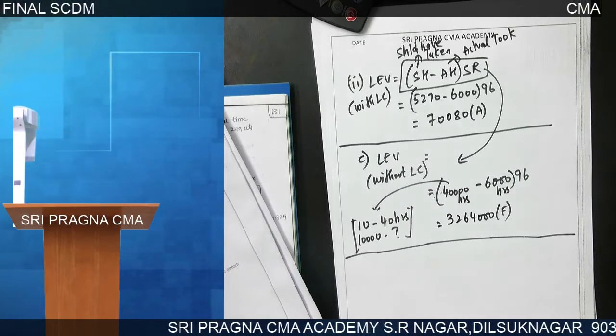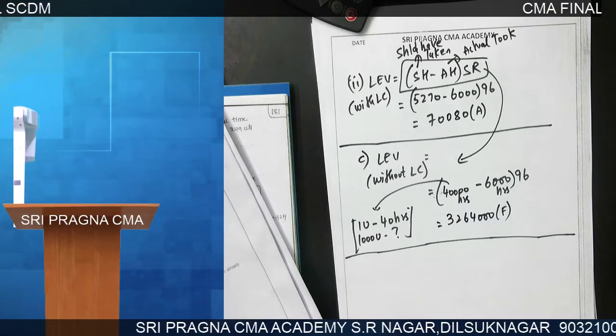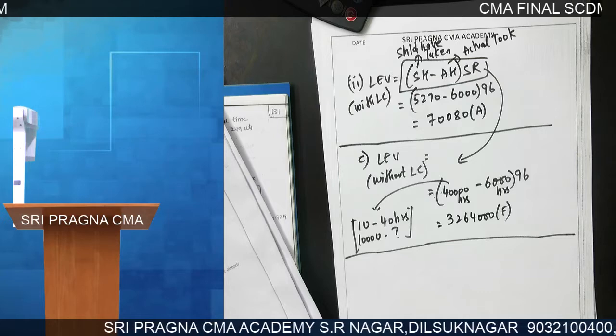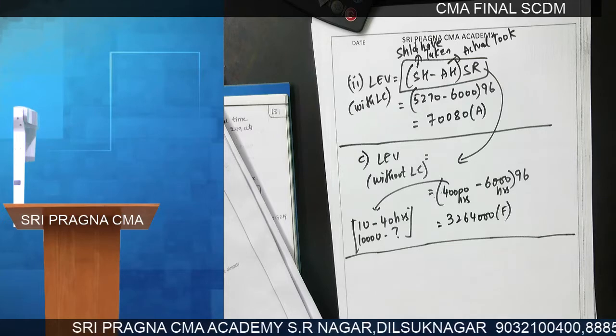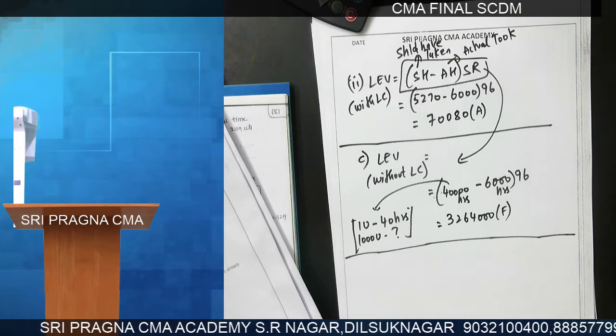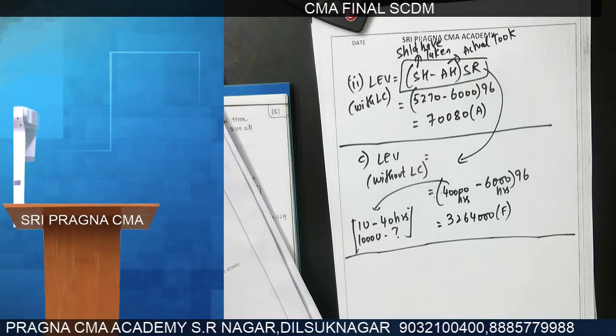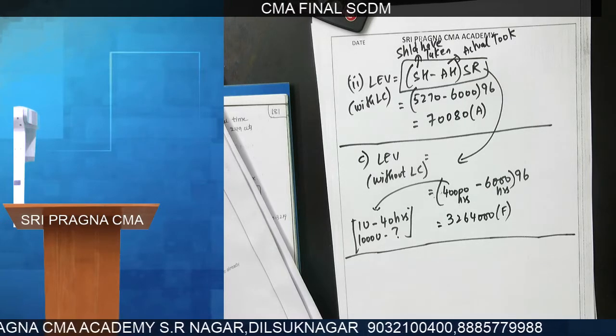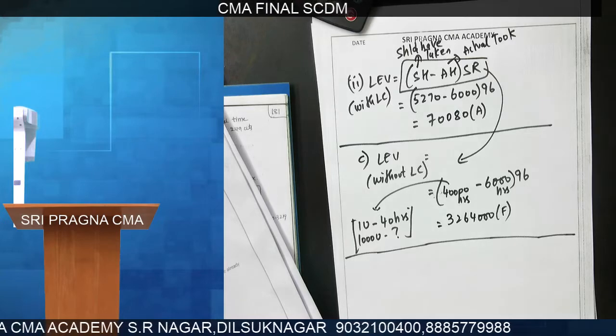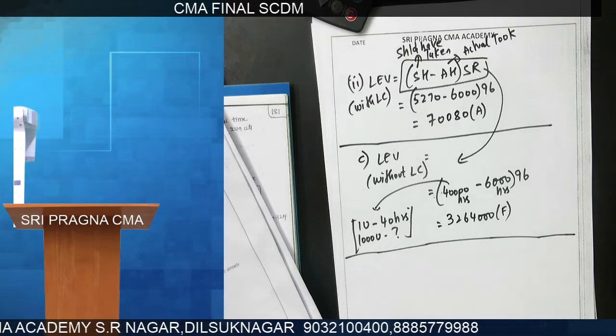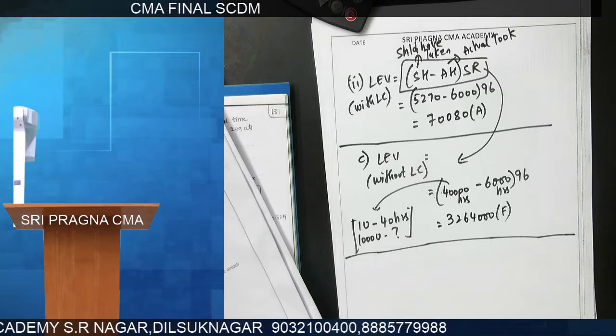According to me, answer is done. But few companies are of the opinion that my efficiency variance is different. This is logically correct, because in standard costing there is an assumption that the first unit and the last unit take the same time.